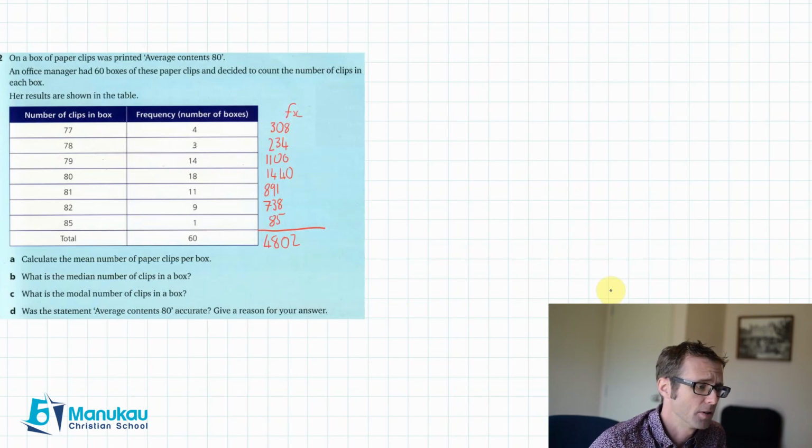Okay, so let's go about this. First of all, we're going to do the mean. Now, I've just gone ahead and already added an extra column to my table here, fx. And how I get my fx values is I did 77 times 4, and that gave me 308, and 78 times 3, and that gave me 234.